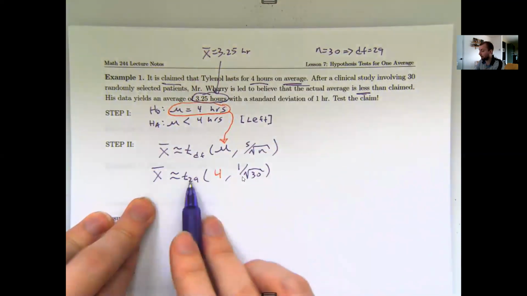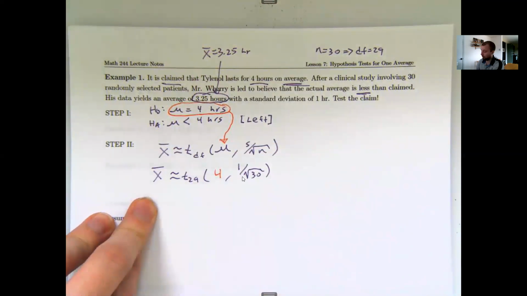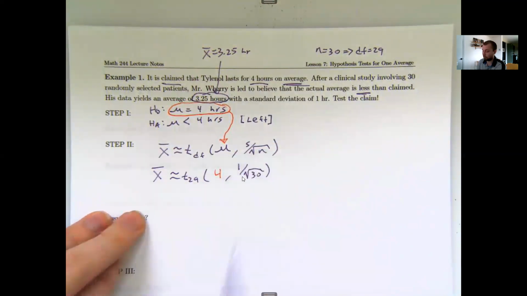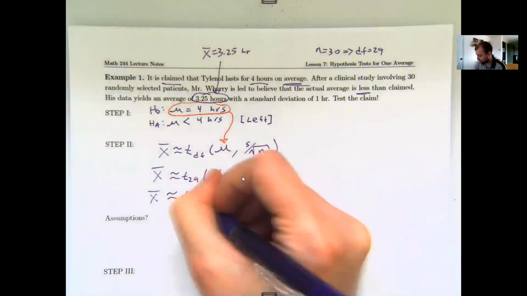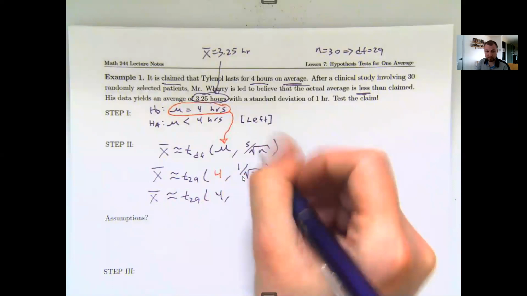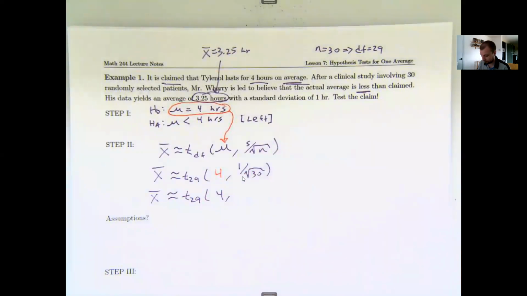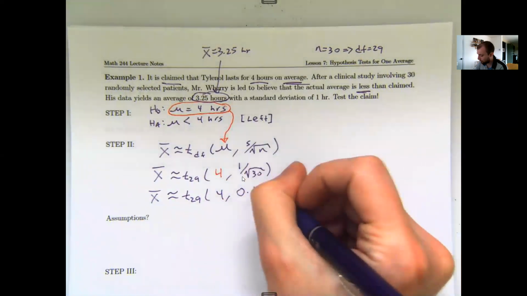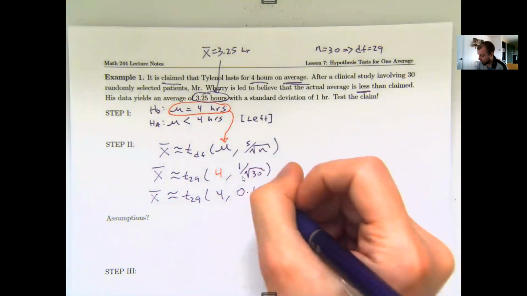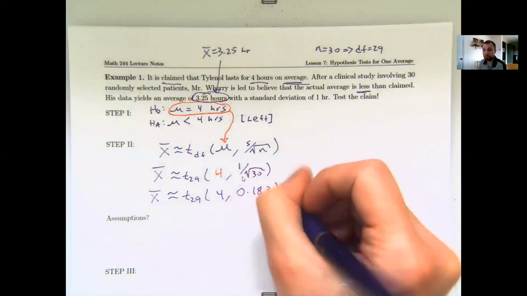I think that average should be close to 4, though, give or take whatever the standard deviation is. So let's type that SD into our calculator. I get 0.183-ish or so.